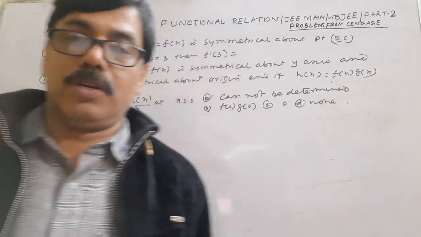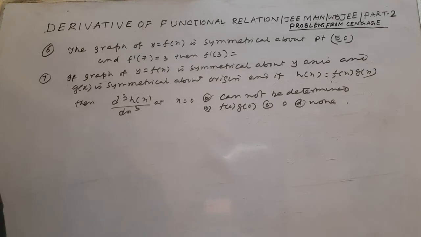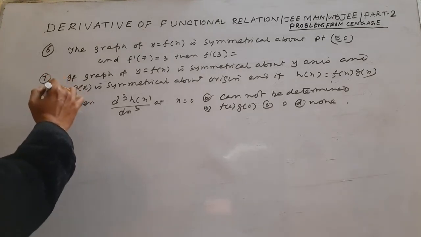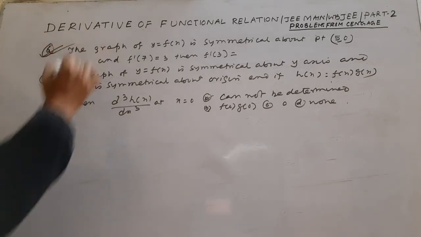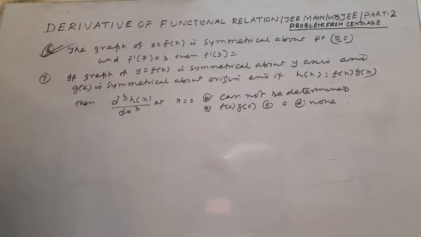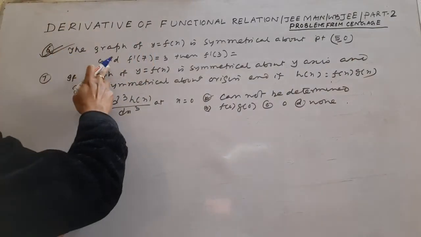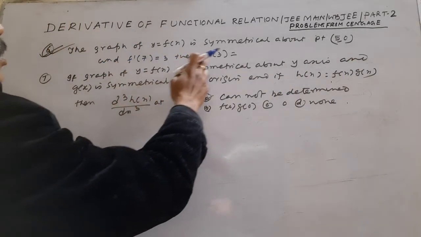Now we consider two more problems. Problem number 6. The graph of f(x) is symmetric about (5, 0), and f'(7) equals 3.